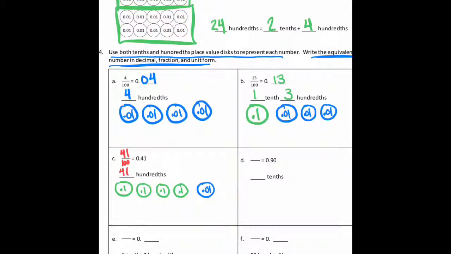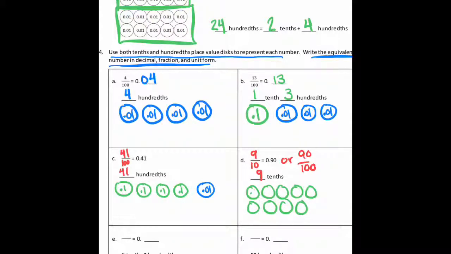Okay, on the next one, it looks like we have 90 hundredths or 9/10ths, which is the same thing. So I'm going to put it as 9/10 or 90/100, same thing. So it's 9/10, so I'm going to draw 9/10 place value discs here. 6, 7, 8, 9. And I'm going to label them all.